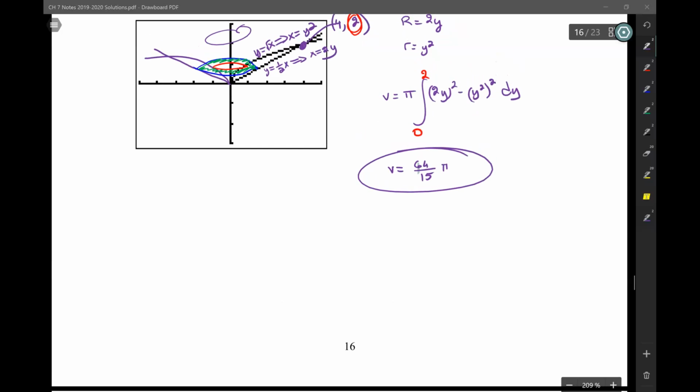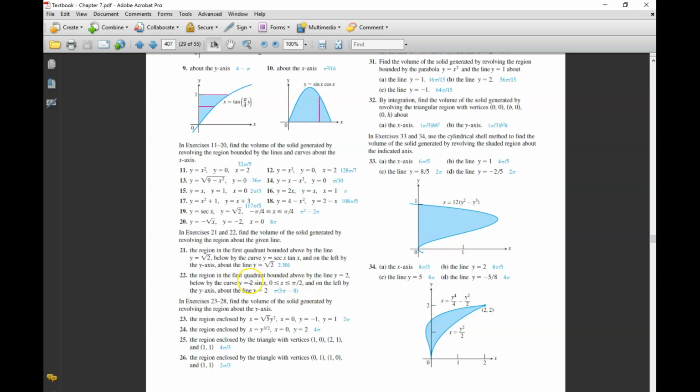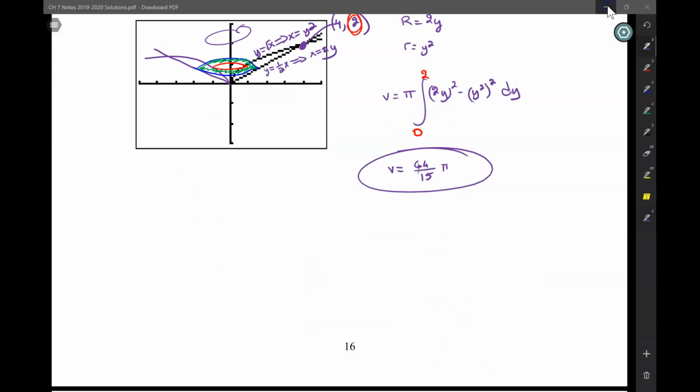Okay? So, as far as the homework is concerned, you can do all of them except, I believe, number 21. So you can skip number 21 and you can do the rest.